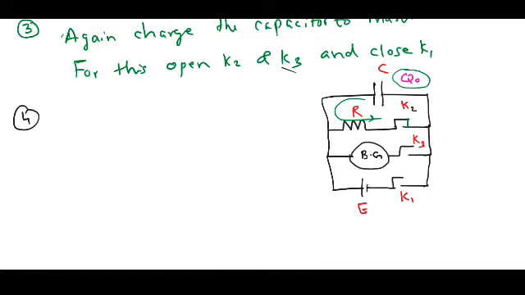Then this key K2 is pressed or closed for a known value of time, for a small amount of time. Then some of the charge in the capacitor leaks through this resistor R. This charge will flow through this path, through the resistor. Let us say some of the charge leaks through the resistor R. Open K1 and close K2 for a known time.